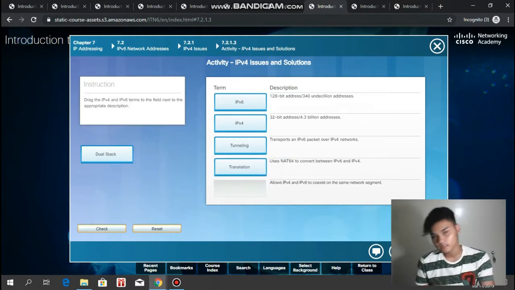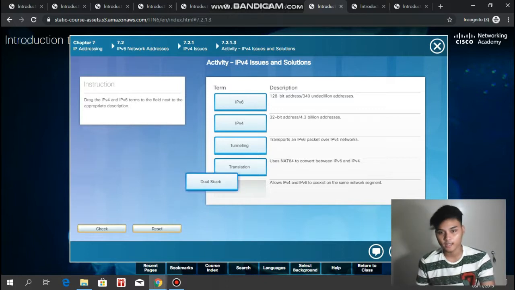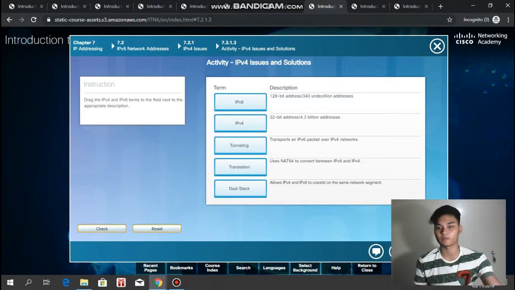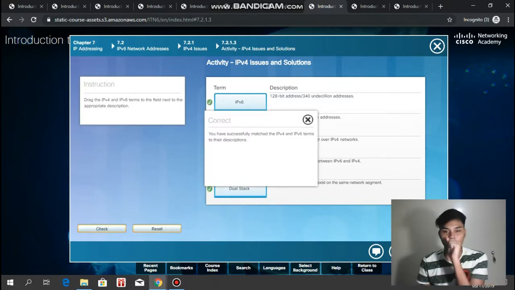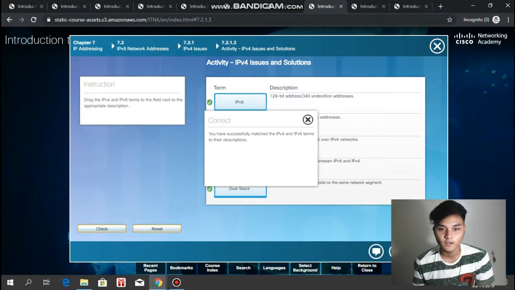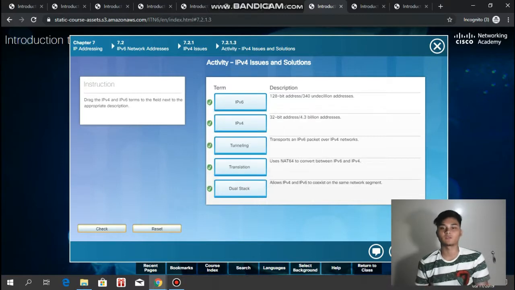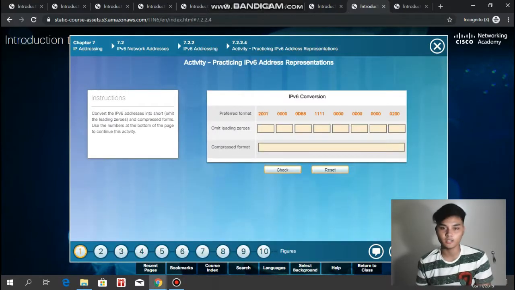Lastly, dual stack allows IPv4 and IPv6 to coexist on the same network segment. So let's check. We have successfully matched the IPv4 and IPv6 terms to their description. So let's proceed to the next activity.